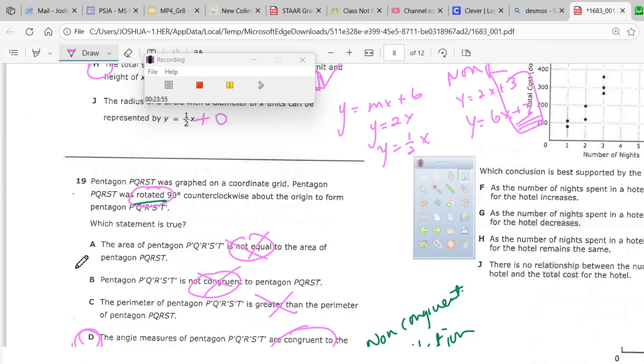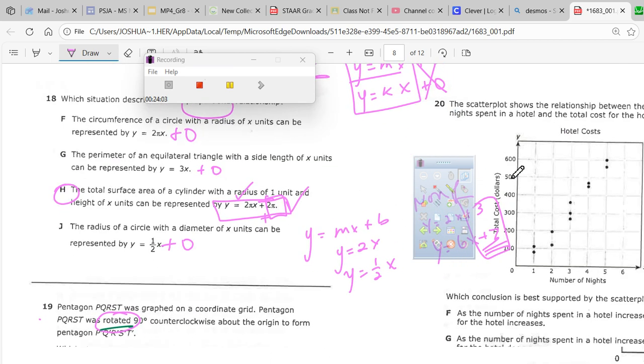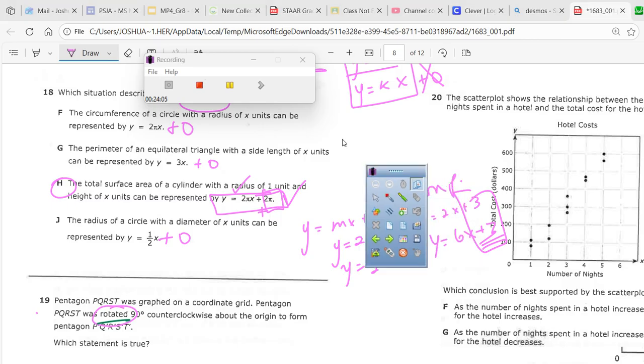Just a reading question. This just takes practice to look at the stuff and remember how it goes. Okay, let's see what's over here. So please, once you see this stuff, draw a line through it. And I will say, this one is just reading, right? You just got a positive relationship between the number of nights spent in the hotel and the total cost. It's more and more, guys. It's a positive. We're going to go with increases.